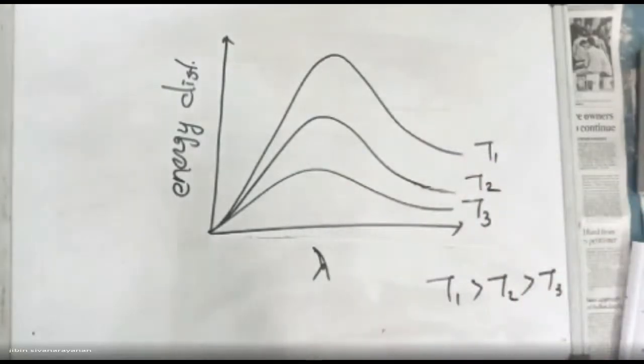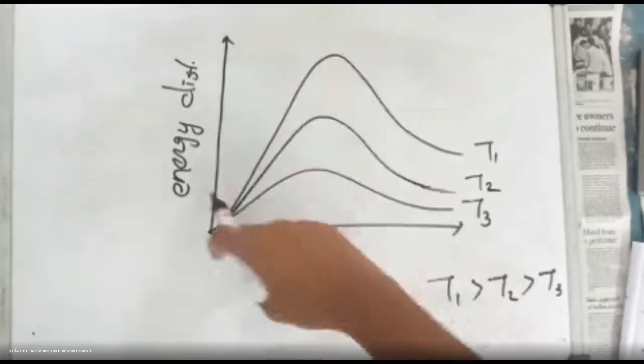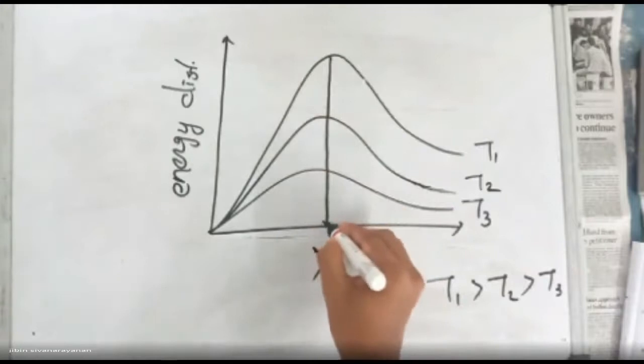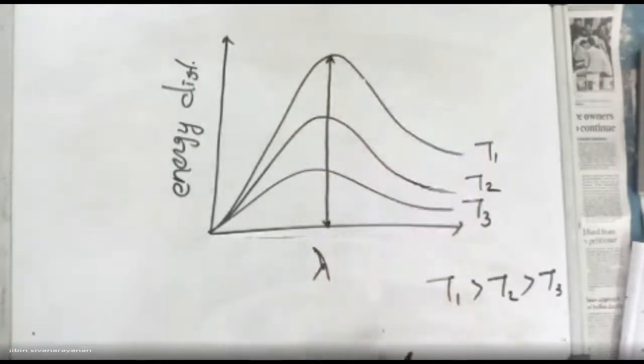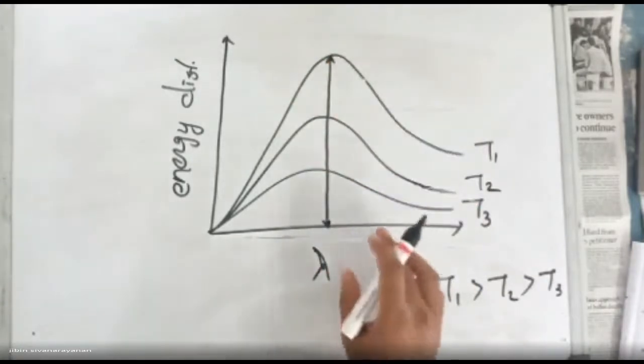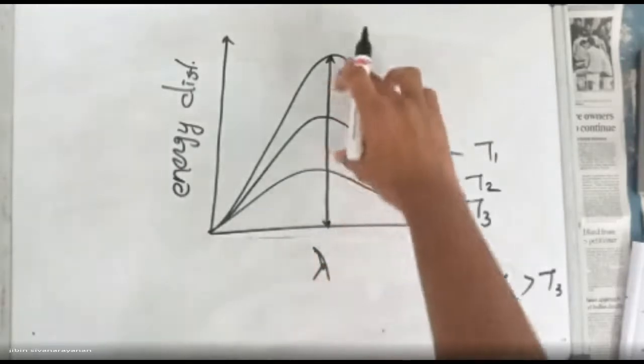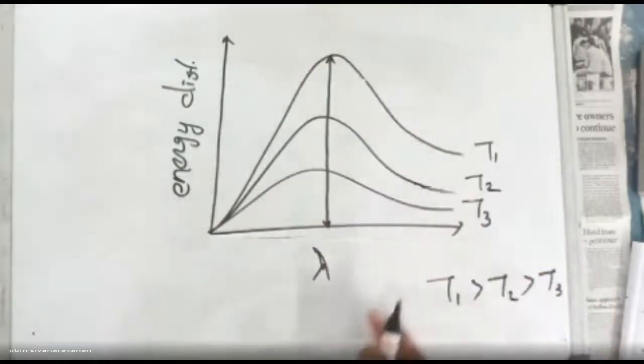So if we increase the temperature of the black body, the energy of radiation goes on increasing corresponding to lambda max. This is a single wavelength. Corresponding to the single wavelength, the energy distribution goes on increasing as we increase the temperature. That is the disturbance to the black body.